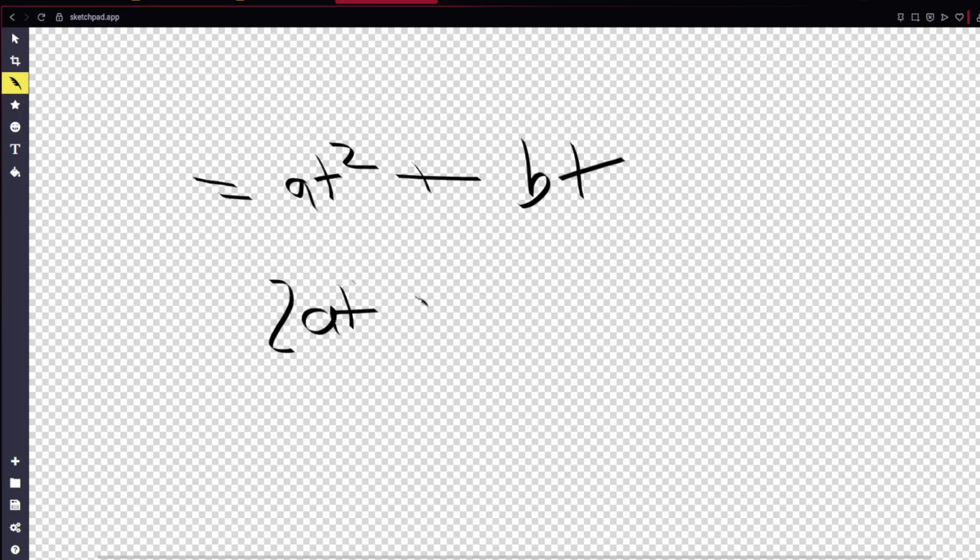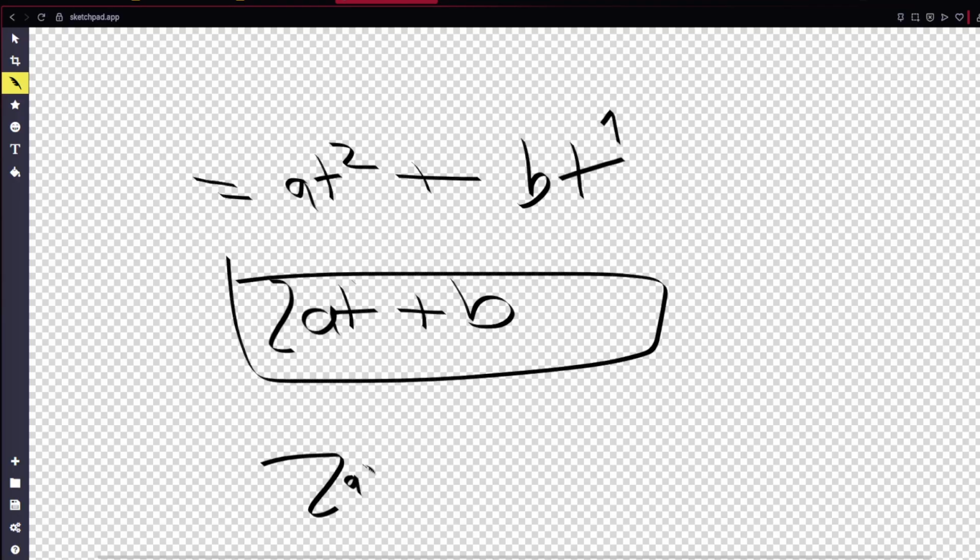That's pretty much it. There's an application here which is quite simple. If we take a kinematic equation like at squared plus bt, the rate of change is 2at plus b, because for the power of 1, you bring the 1 down and subtract 1, and the power of 0 gives just 1, so it's just b here. This is the rate of change. Whenever 2at plus b is less than 0, it has a negative slope, meaning a negative rate of change.